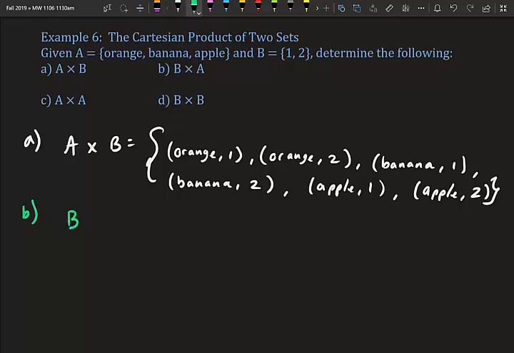Now let's do B cross A. So we're looking from B then to A. We have 1 orange, 1 banana, and 1 apple.